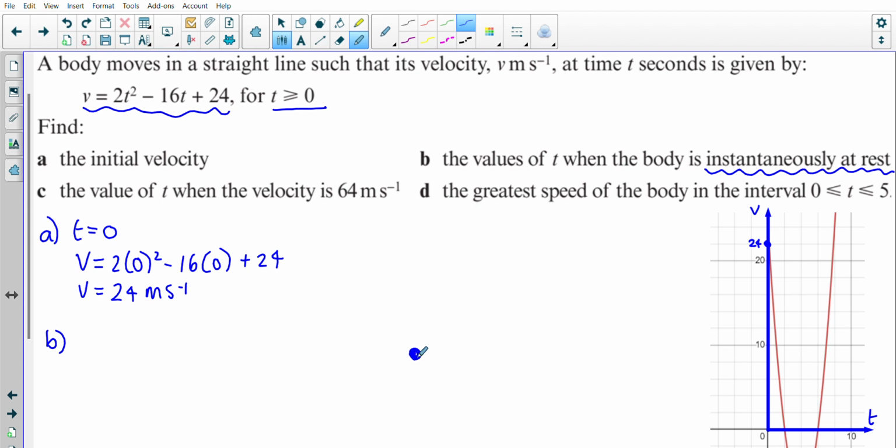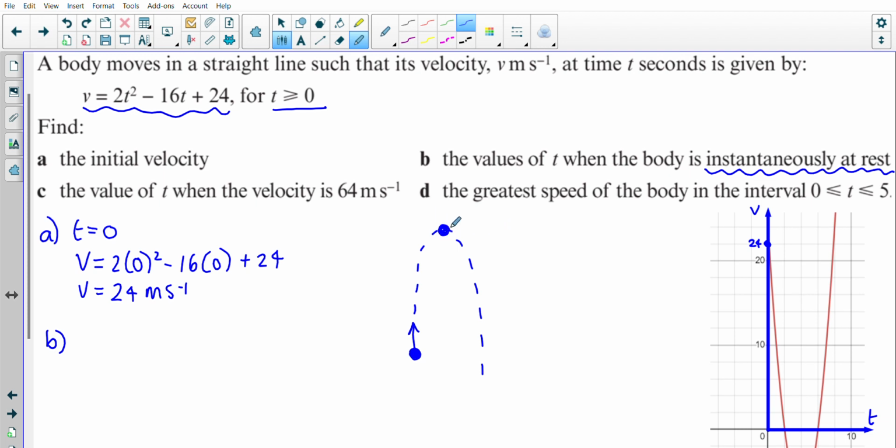So if I've got a particle or a ball or whatever it is, and if I go back to vertical motion, when it was thrown up in the air, it would sort of follow this flight. And when we got to this point up here, this was where the ball or particle reached its maximum height. Now at that point, the ball or particle would be instantaneously at rest.